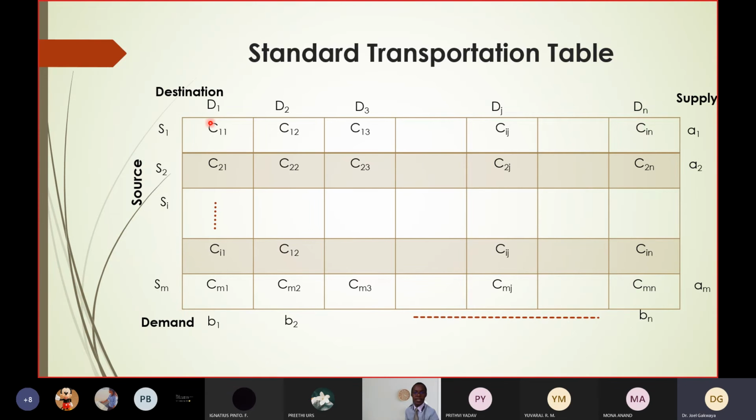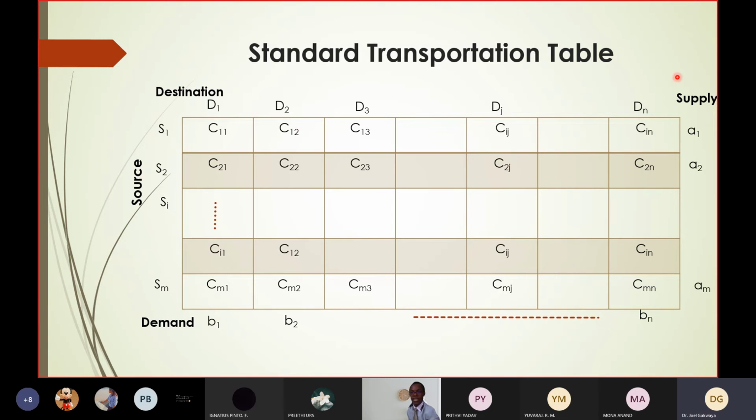Every destination, from destination 1 to the last destination, is going to have a total. Clear? Then from source 2 to the last source, we need to find your cost, or your value. All right, so I'll repeat once again. The row-wise is going to be the source. The column-wise is going to be the demand or destination.